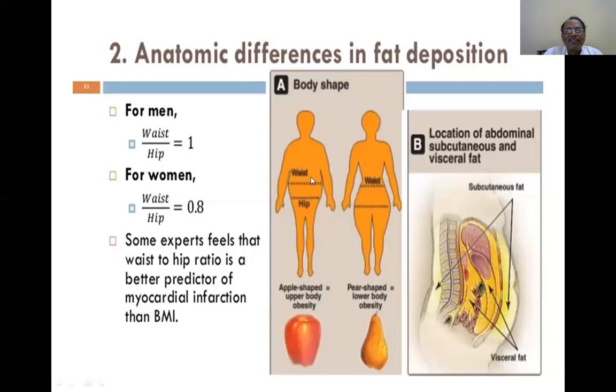So this fat in the abdomen, male type of obesity, is similar to an apple, and hence this is called apple-shaped obesity. Whereas in the females, you see, it is mostly in the hips and thighs, and hence this shape mimics a pear fruit.